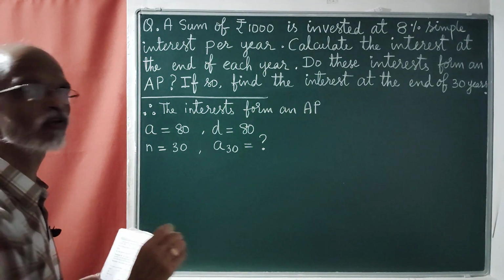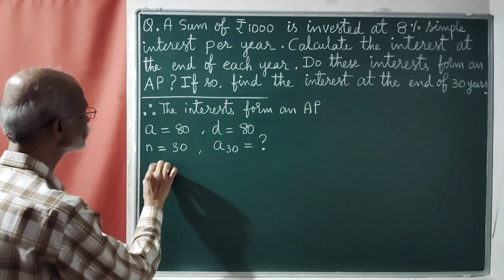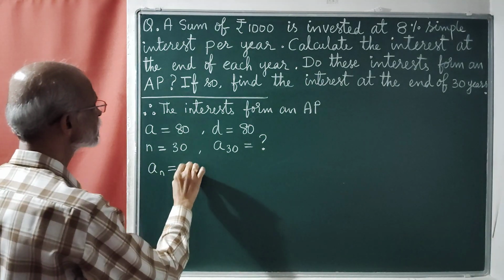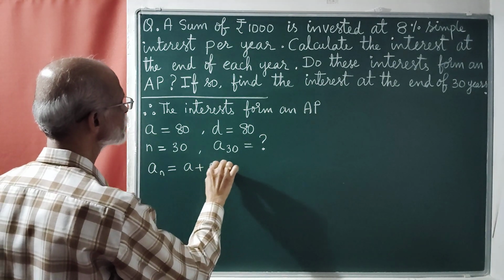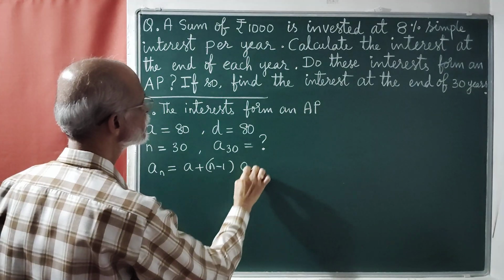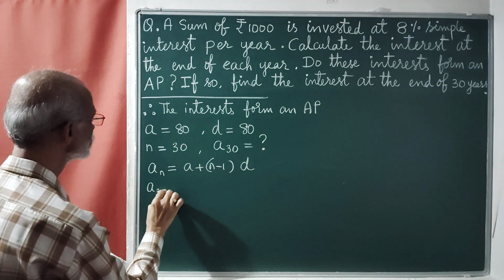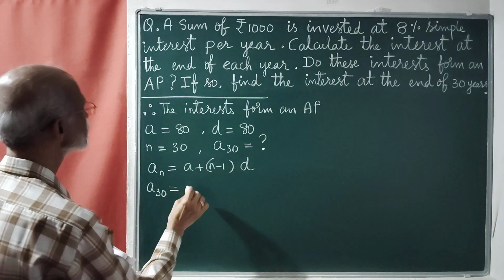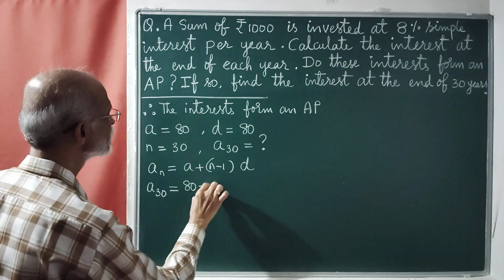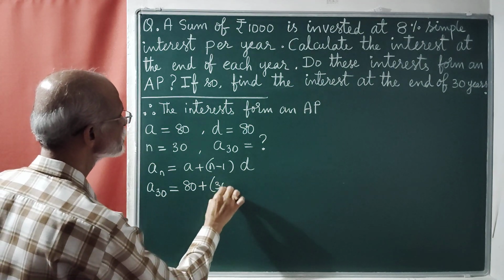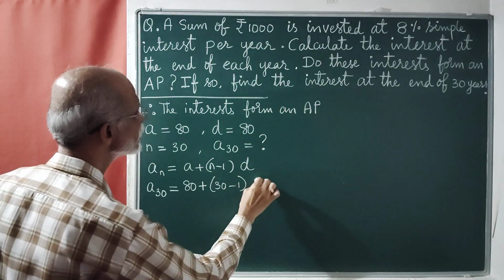So AN formula, we'll use the AN formula. AN equal to A plus N minus 1 into D. So A30 is equal to 80 plus 30 minus 1 into 80.